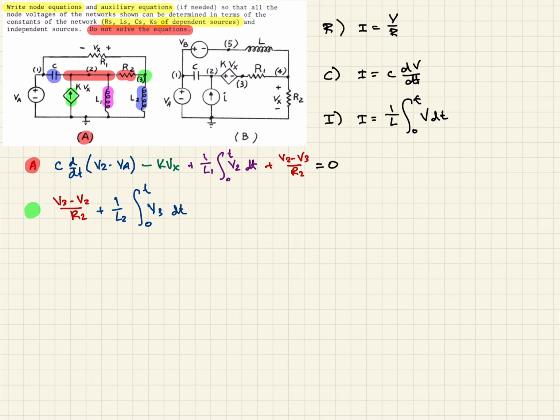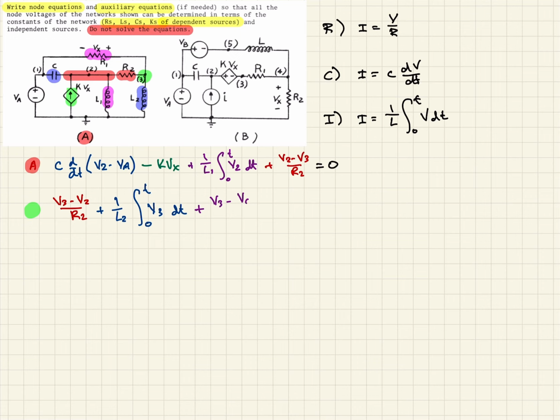And then finally, we have Vx, our resistor R1, which defines Vx. In that case, that's going to be V3 minus V1.